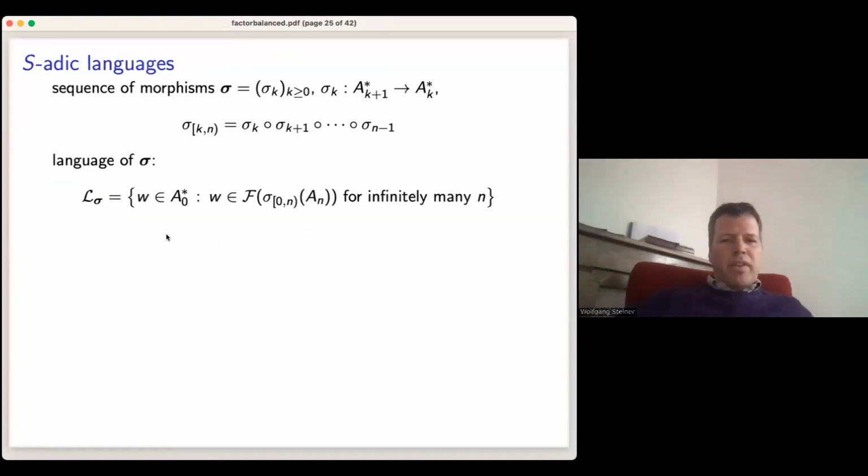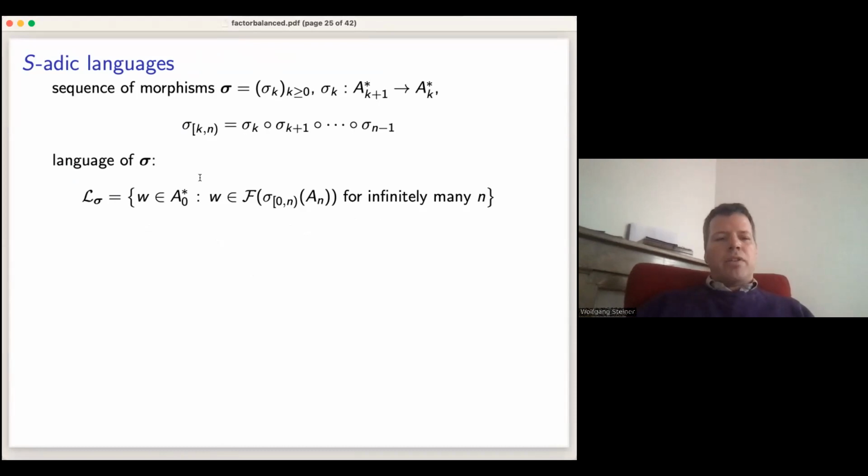Okay, so let me continue now on S-adic languages, which was the title of the talk, factor balancedness for S-adic languages. Those are defined by sequences of morphisms sigma k, and we denote by sigma k n the composition of morphisms sigma k to sigma n minus 1.